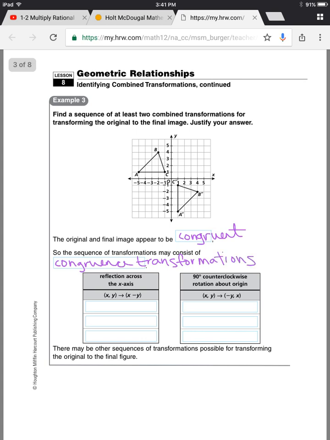Alright, so we're going to reflect it across the x-axis, and when we do that, remember the rule is to multiply the y by negative 1.